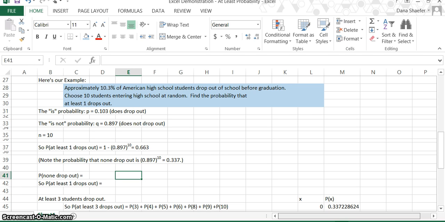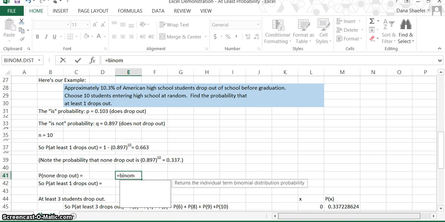So now let's use our Excel function. And so let's do exactly these same calculations, but I'm going to use the Excel binomial function. So the probability that none drop out, I'm going to type in, so equals binomial distribution, parenthesis, and then it says the number, so the number of successes.